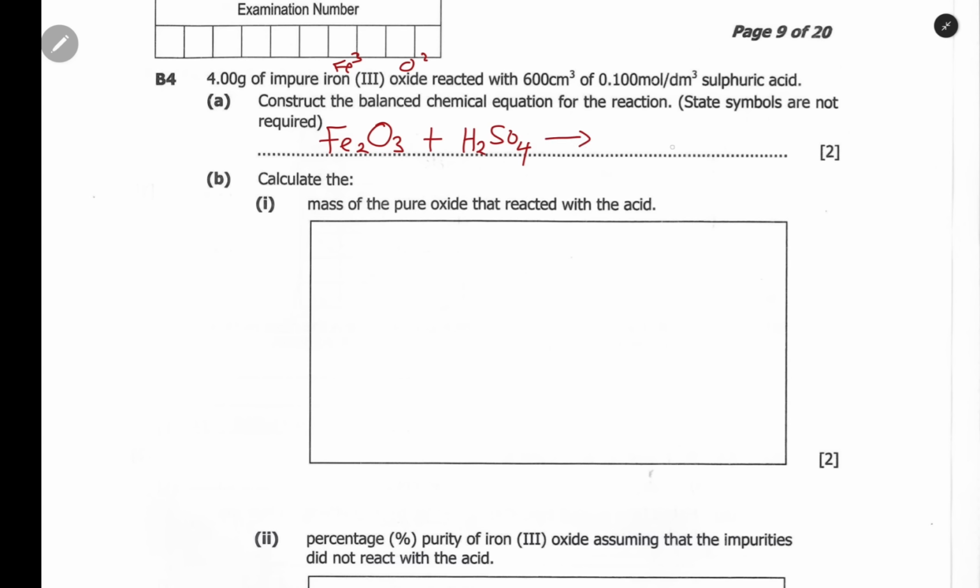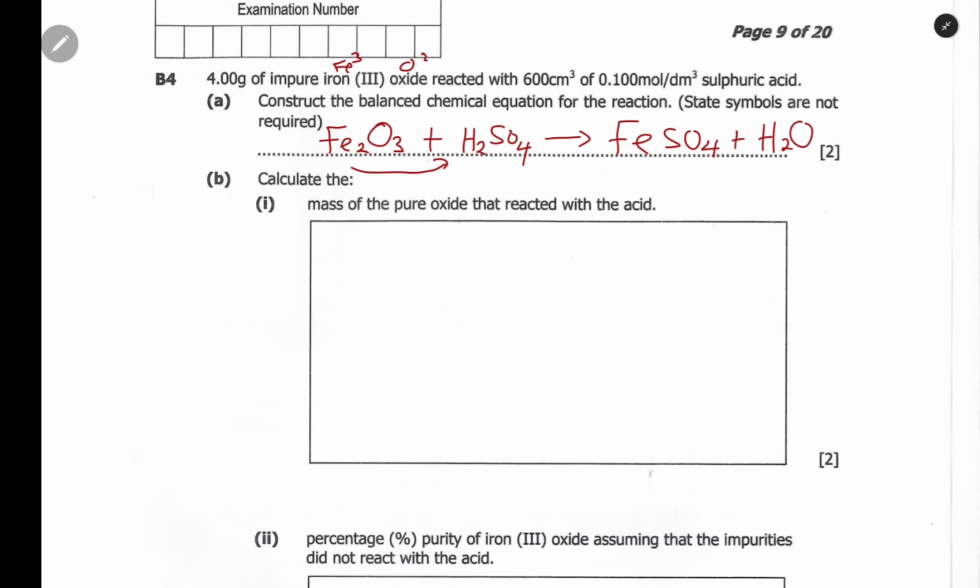What is going to form? This is a base and an acid, so what you are likely to form is salt and water. The iron is going to form a salt, so we are going to have FeSO4 plus water.